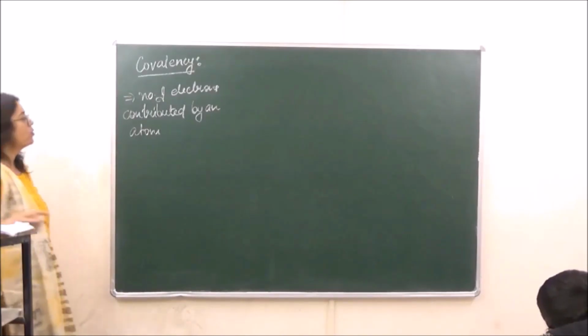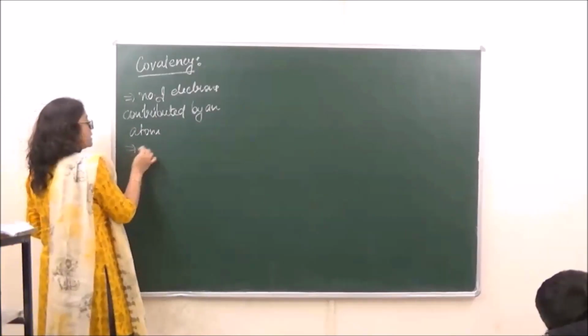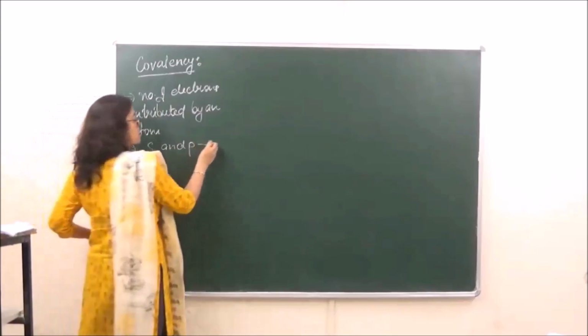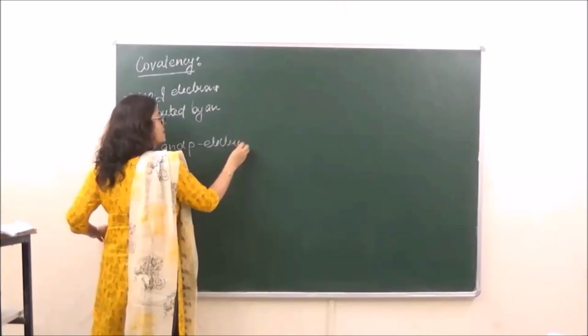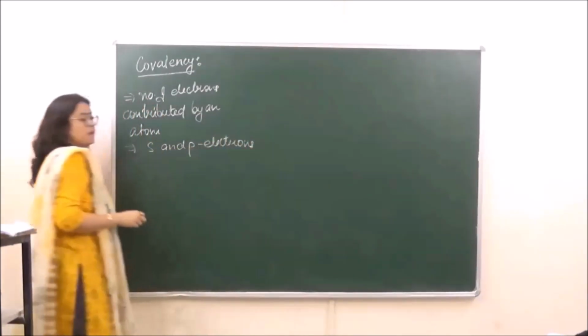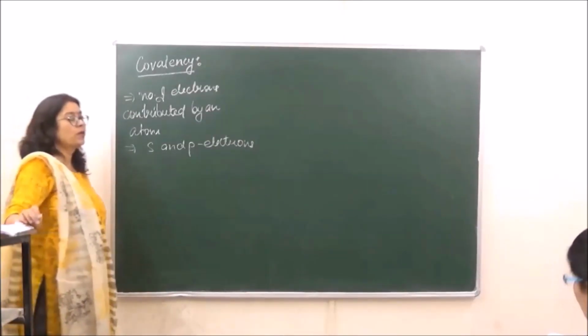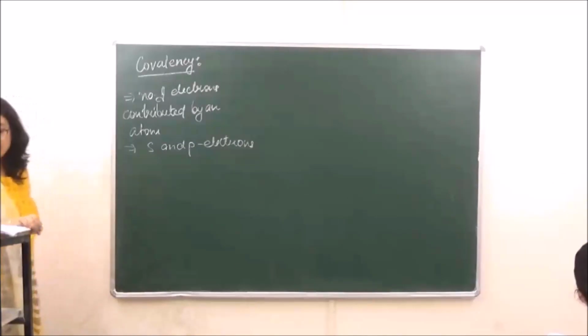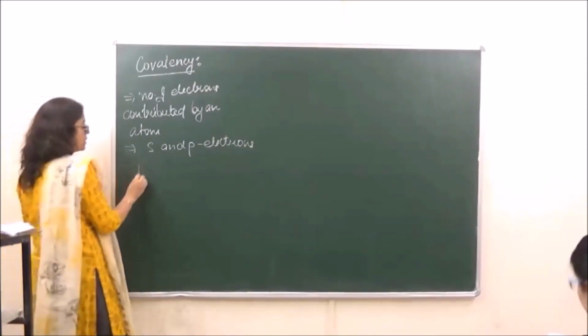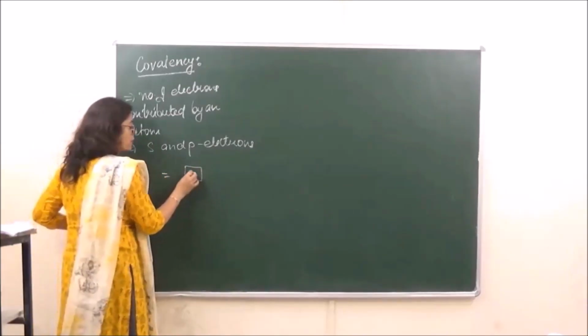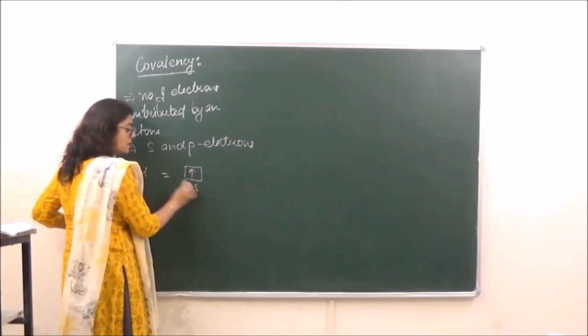So generally, the s and p electrons of the valence shell participate in bonding, and that gives us the covalency. For example, if we have hydrogen, we know that the electronic configuration of hydrogen is 1s1.